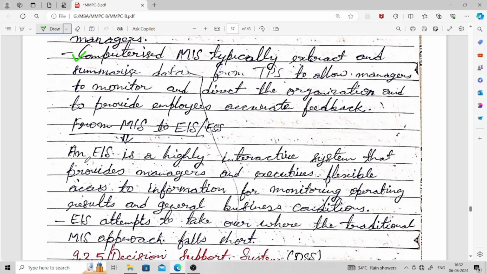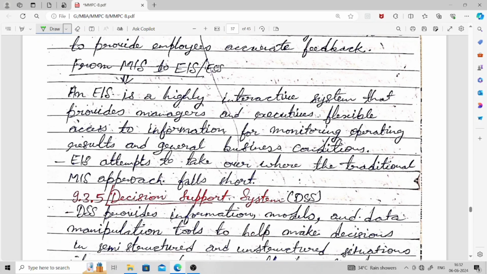The information is provided in a highly interactive way, so that operations can be monitored, and general business can also be monitored.